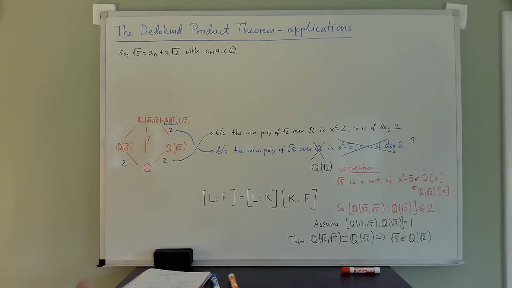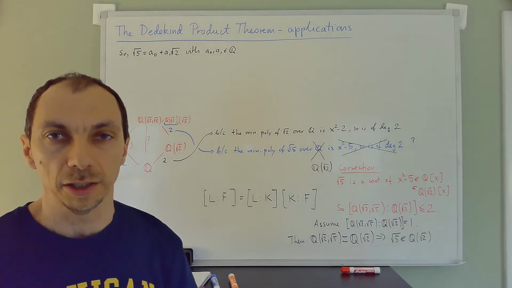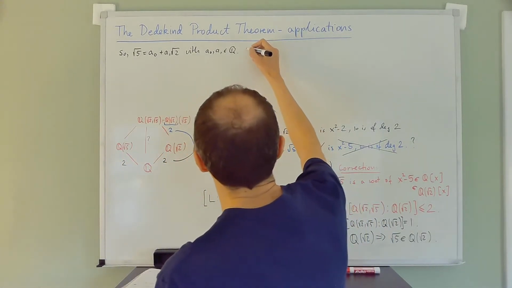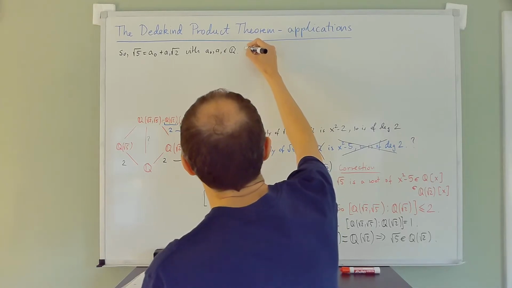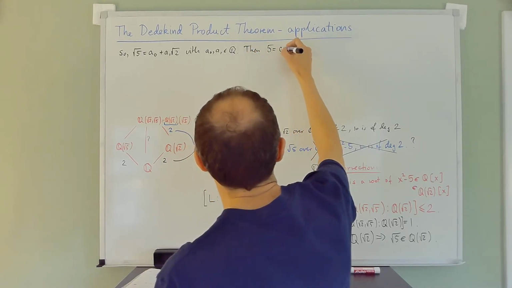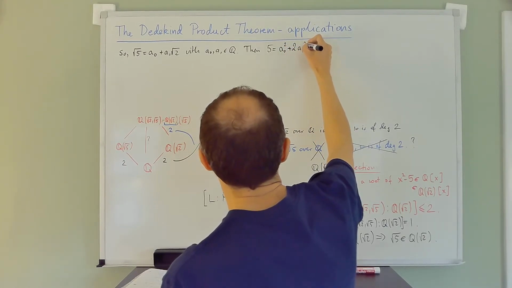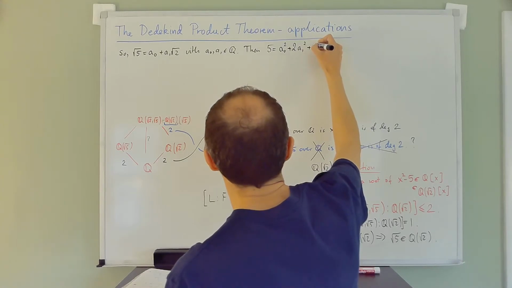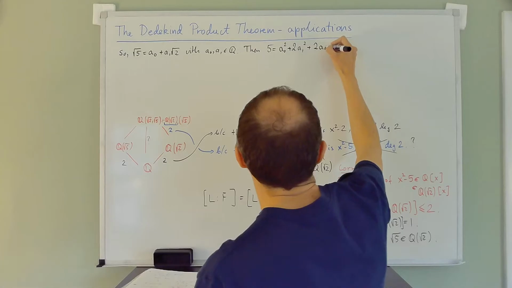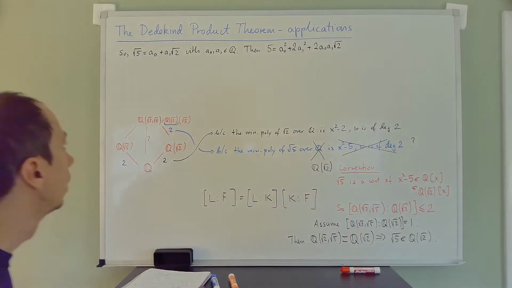Okay, so this looks like it's probably not going to be possible, but we actually have to show that it's not possible. How would I show it? Well, I would square both sides. If I square both sides, then I get 5 is equal to a0 squared plus 2a1 squared plus 2 a0 a1 radical 2.